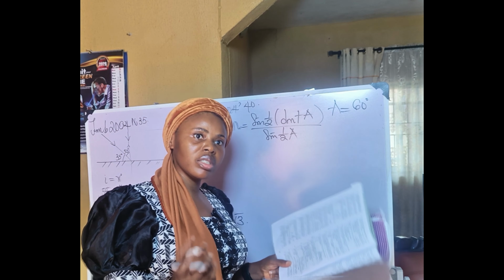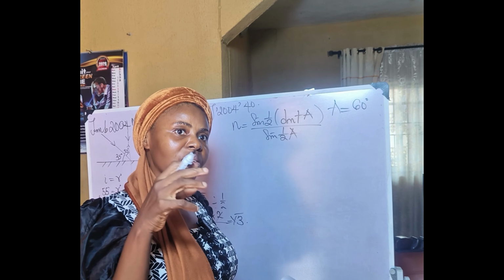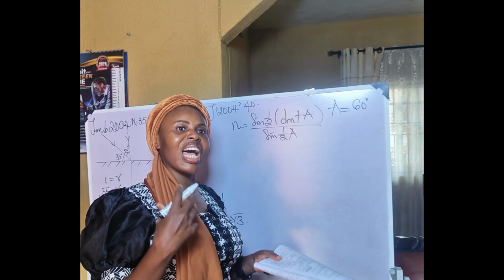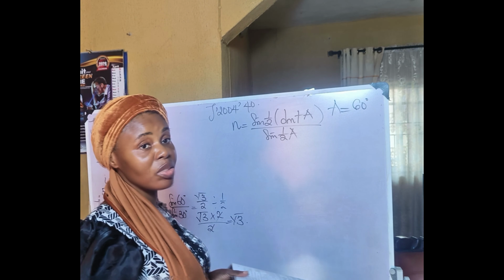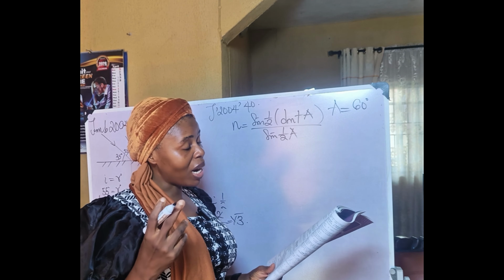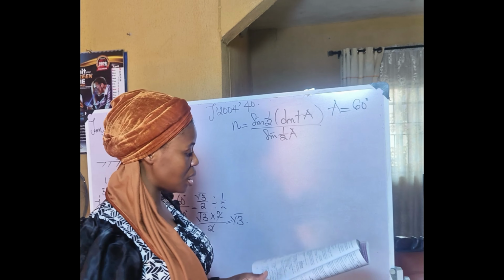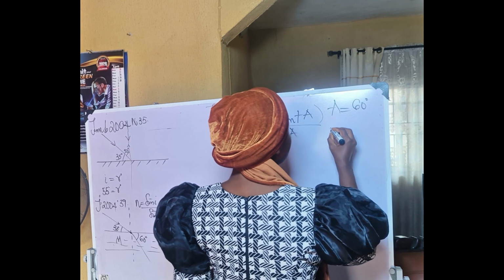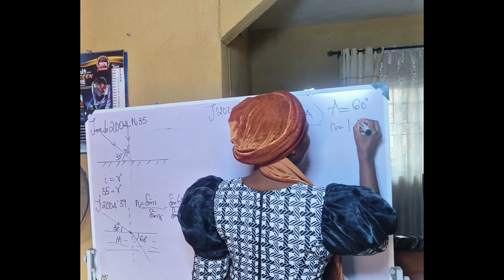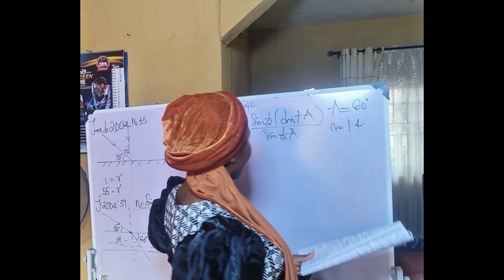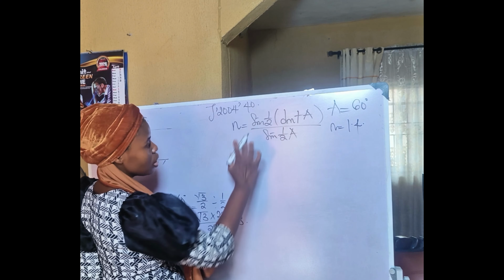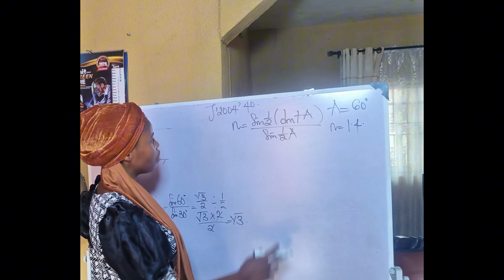Sum of angles in a triangle is 180, and we have three angles from the word triangle. So 180 divided by 3 will give us 60. That's how the refracting angle is 60. We have that the refractive index is equal to 1.4, and we are asked to look for minimum deviation. So we need to make the dm the subject of formula.